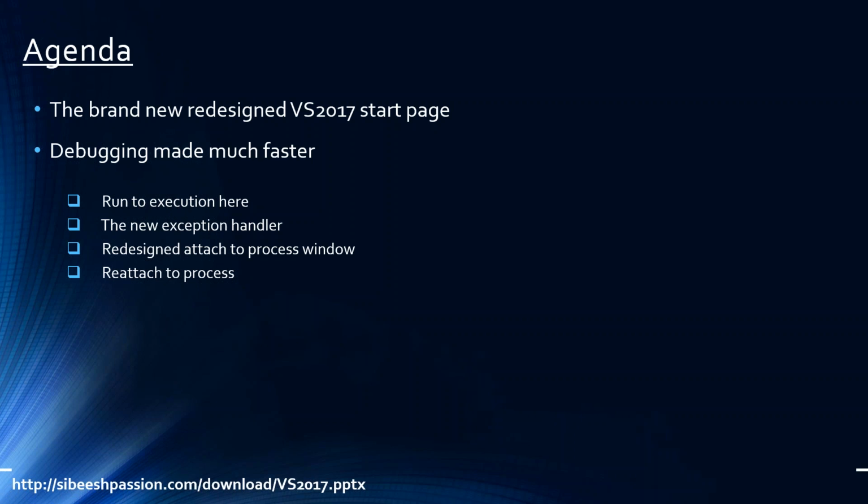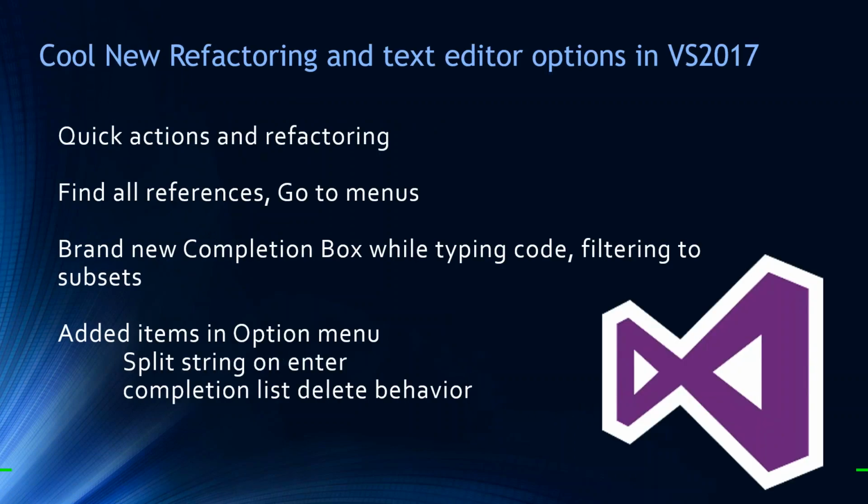The first thing will be looking at the brand new start page design of VS 2017, and then we will go to the debugging options available in VS 2017. As I said earlier, in this link you can download the PPTX file. And we'll see some cool new refactoring and text editor options in VS 2017, that's quick action and refactoring.